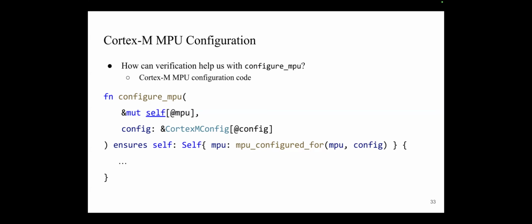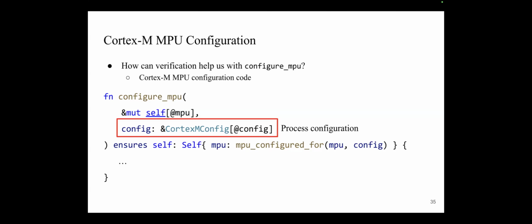Well, if you think deeply about it, there are really two things going on here. We first have the actual hardware, so the actual MPU state. And then we have a process-specific configuration. Both of these are going to have things like regions and corresponding attributes for the regions.